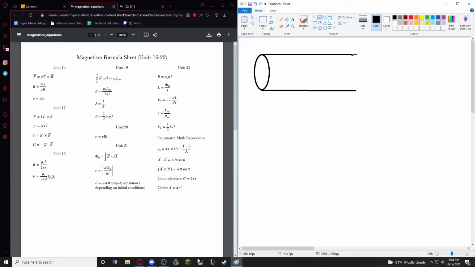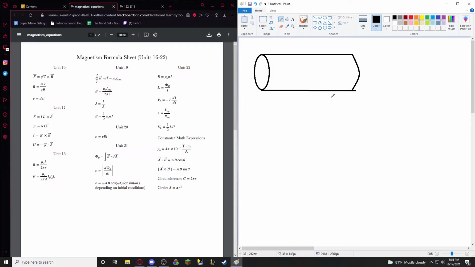Charges are not able to move freely as well. The magnetic field will go through the tube, and there will be a current going in a certain direction. So how does the current actually flow?